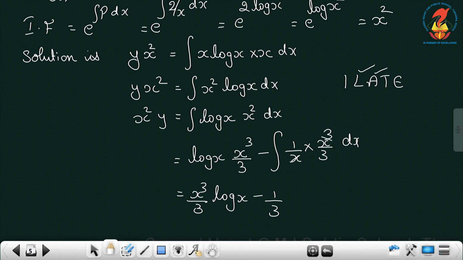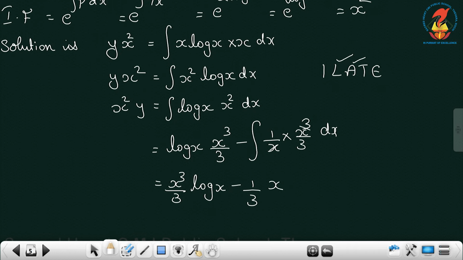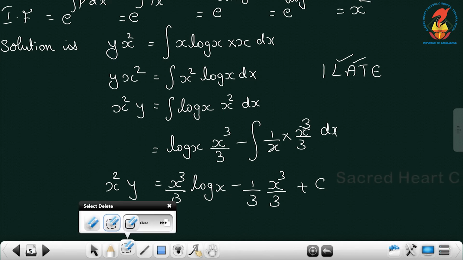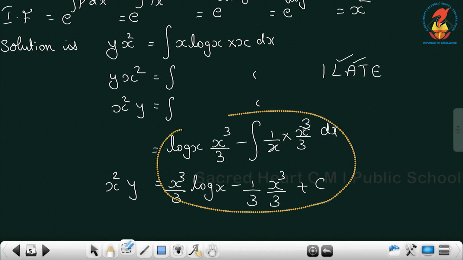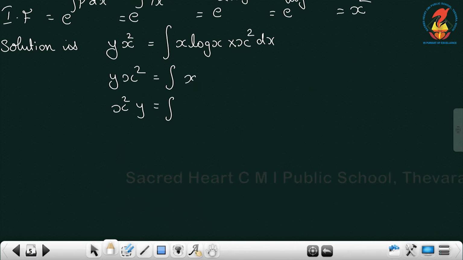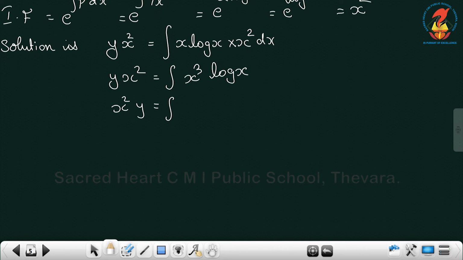Then we get x cube by 3. Sorry, here I didn't write x square, children. The integrating factor is x square. Okay, so it's my mistake. Integrating factor is x square. So children, x cube log x dx, and you have to write log x first.